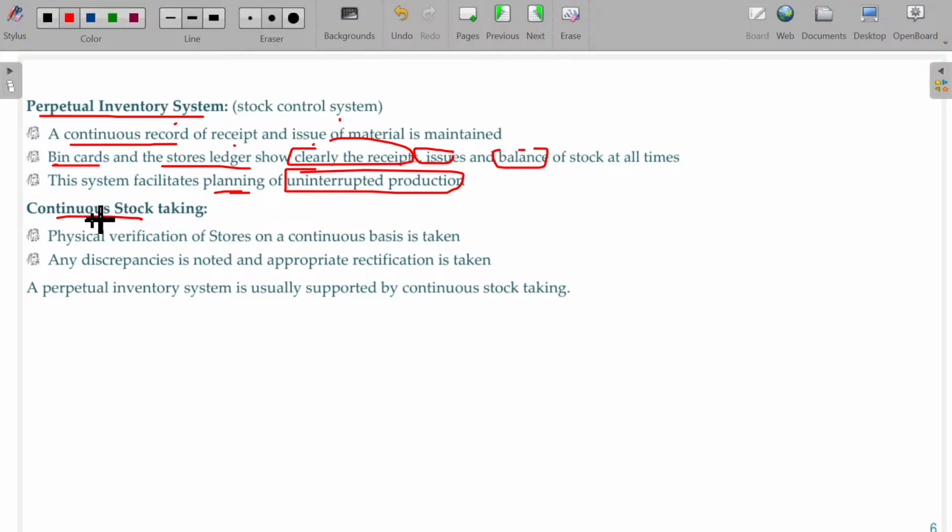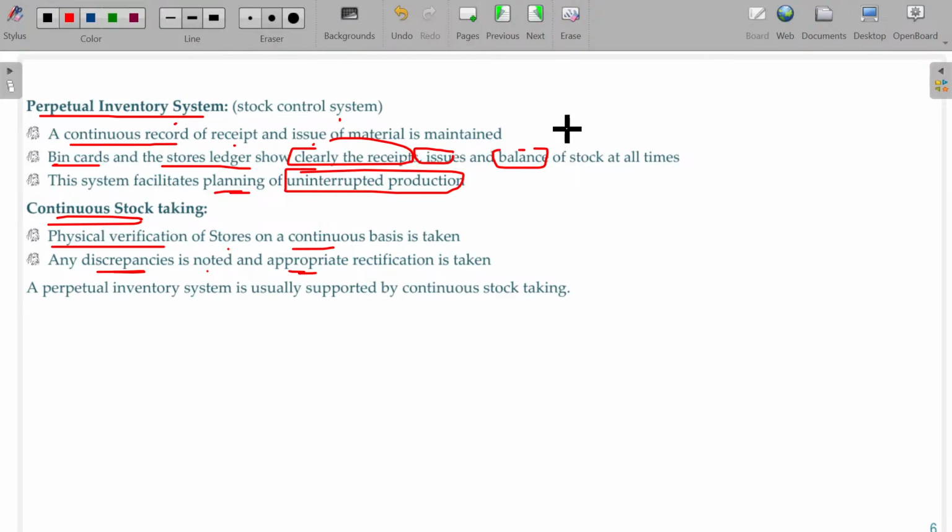In case of continuous stock taking, physical verification of stores is taken on a continuous basis. Any discrepancies are noted and appropriate rectification is taken immediately. This will be the advantage of the perpetual inventory system, where continuous stock taking is a tool for the perpetual inventory system. Once you record in your bin card, immediately go and check whether that stock is available in the godown also.